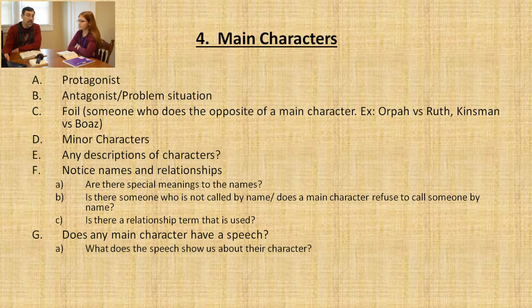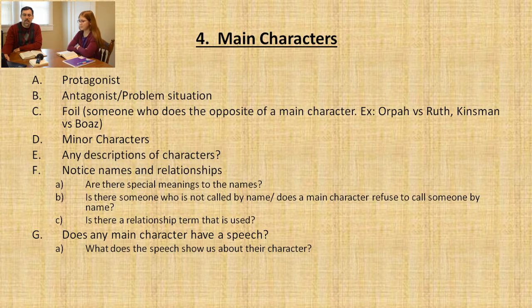So they're not the antagonist, because you might say the antagonist is the opposite, but not in the same way. The foil is a minor character that does something completely opposite of the main character, either showing that what the main character did was really, really good or really, really bad.